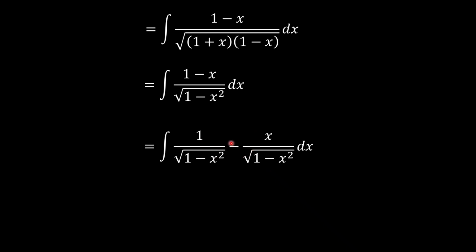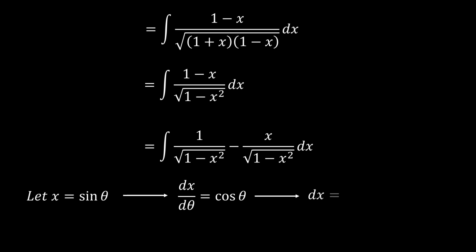For those of us who have memorized these integrals, it's obvious, but for those of us who haven't, we could do a variable transformation where we say, okay, let x be equal to sine theta, such that the derivative of x with respect to theta, dx d theta, is cosine theta, and that means that we can substitute for dx with cosine theta d theta.